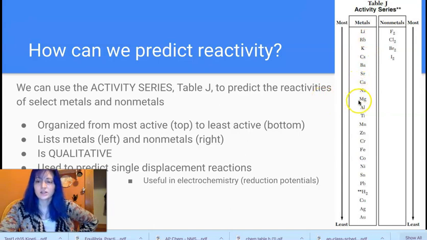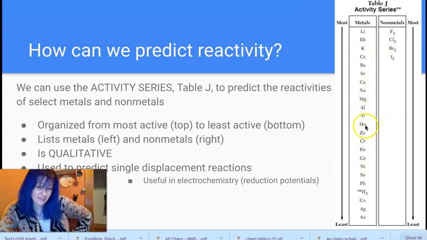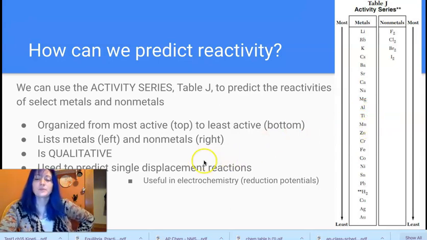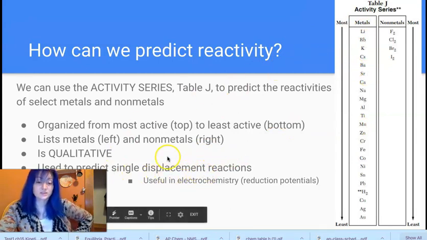If an element is higher on the list, it's more active than something lower on the list. For example, I could say that magnesium is more active than titanium and manganese, but I don't know how much more active. This list is useful for predicting single replacement or single displacement reactions, which is what we're going to be doing today.